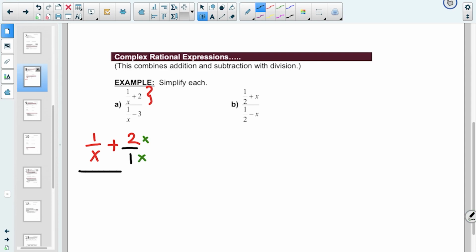And then when we switch to our bottom expression, we're going to have 1 over x minus 3, and we can pretend that's over 1. And once again, our common denominator here is going to be x, so I'm going to multiply the top and the bottom by x. Before we go any further, let's go ahead and write down our NPVs. So our NPVs, we can see pretty quickly that x cannot equal 0.